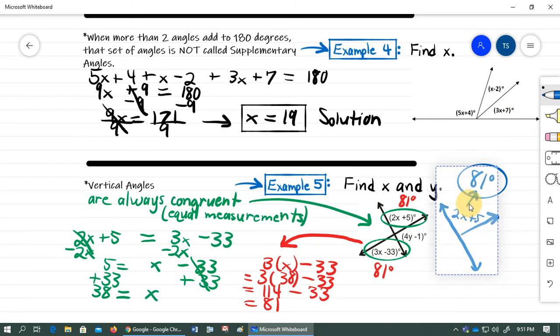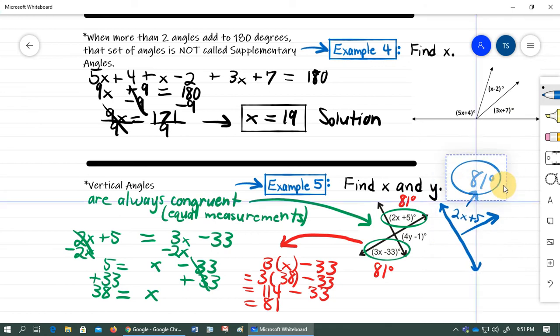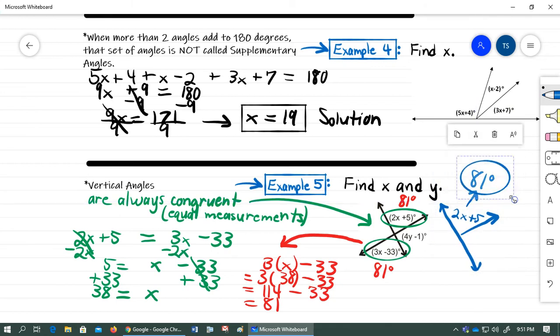I'm just trying to show you a certain part of that diagram where you see that straight line, and you see how we've got the 81 degrees there, and that part with the 2x plus 5. So if this part is 81 degrees, that means we don't even need that right there no more.